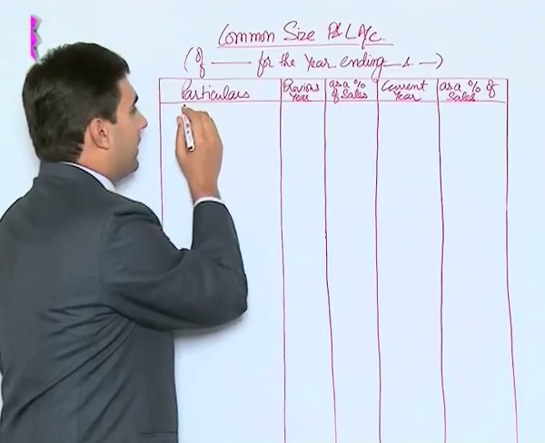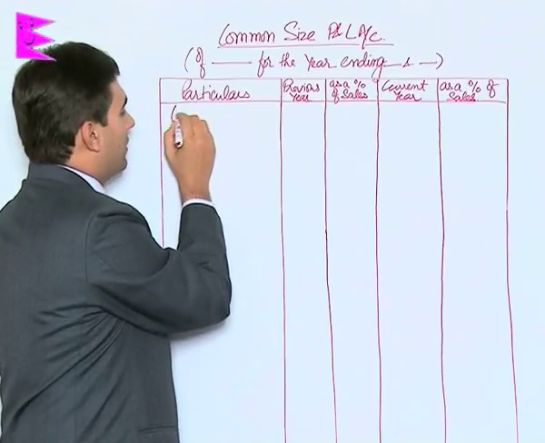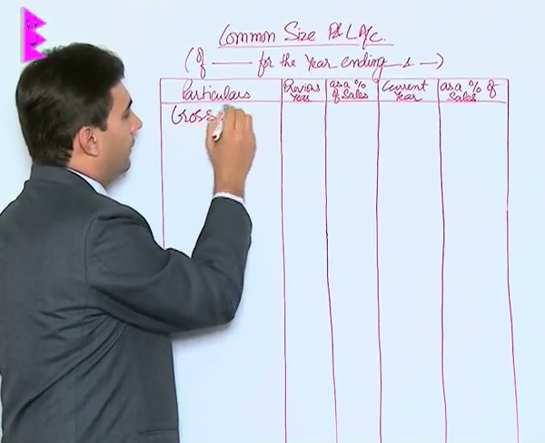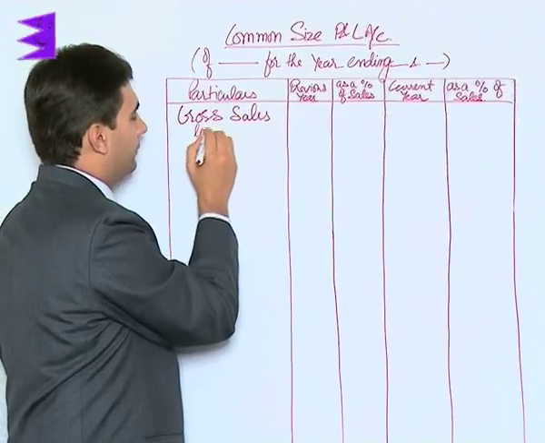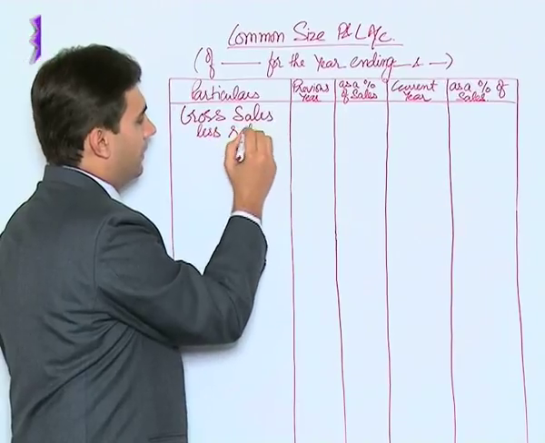So just to revise, in particulars we have gross sales if they are given, less returns in case given.